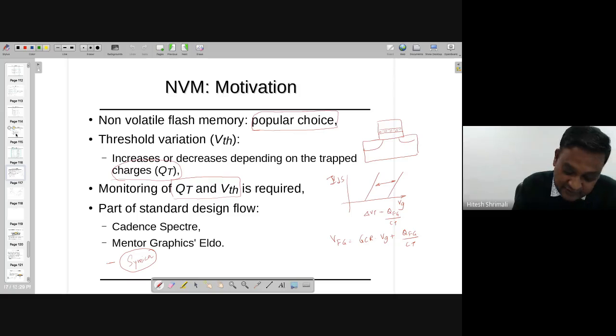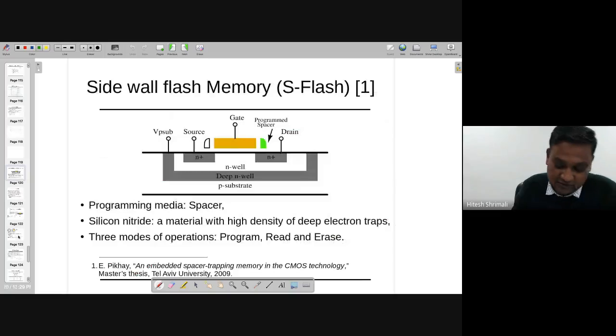So in that, we have used such a kind of memory, a sidewall flash memory, where you can see extra two sidewalls are there, and they are acting as a programming medium, right? And accordingly, you can give the source drain potential. Note that there are three modes of operation: program, read, and erase, as we know.